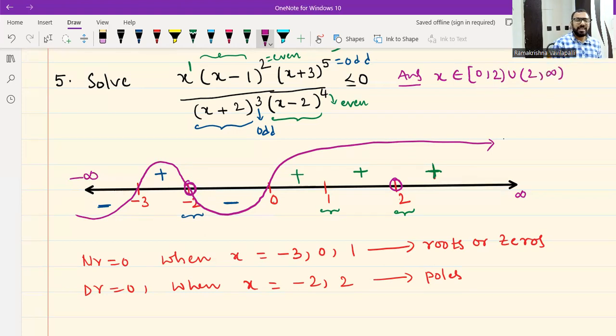Here another positive sign is there. So union minus 3 to minus 2. Here minus 3 is closed, because we want the expression also 0, and minus 2 open. So in this way you can find the intervals.